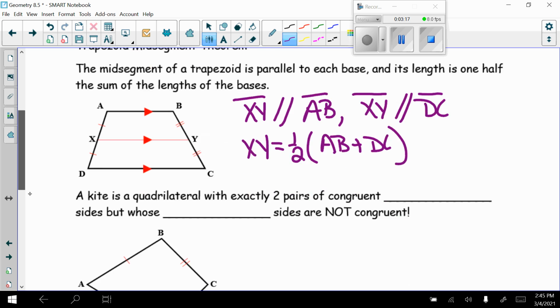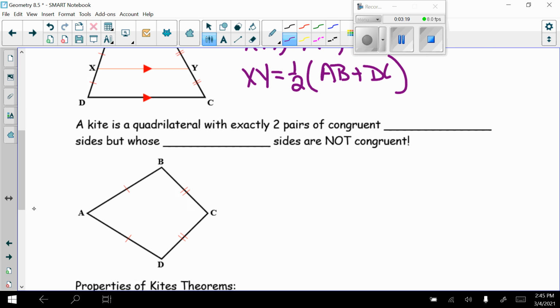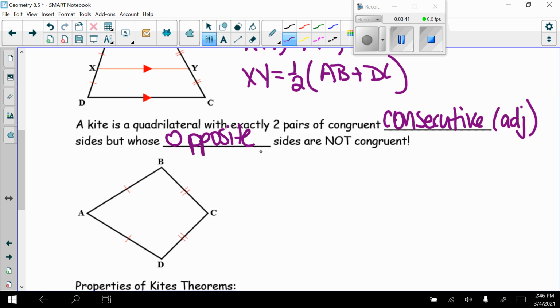So now we're going to talk about a kite. A kite is a quadrilateral with exactly two pairs of congruent consecutive sides, or we might also call those sides adjacent, one right after the other, but whose opposite sides are not congruent.